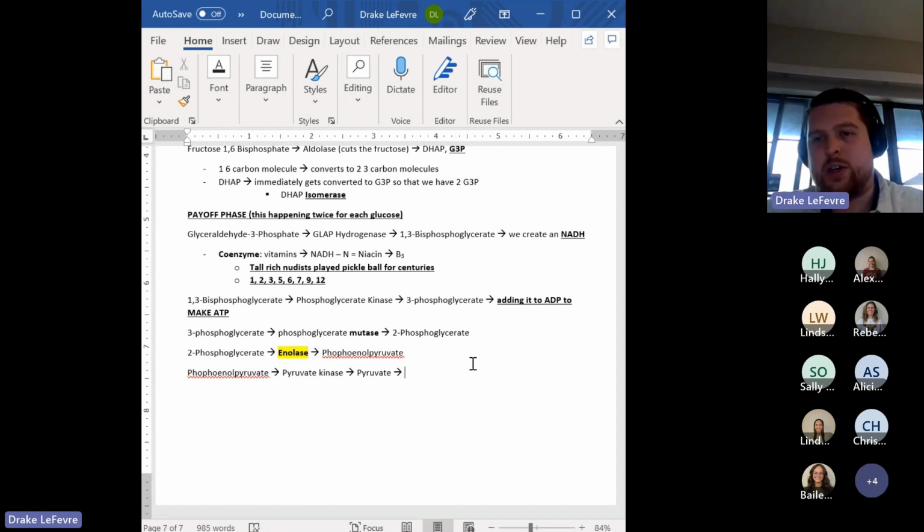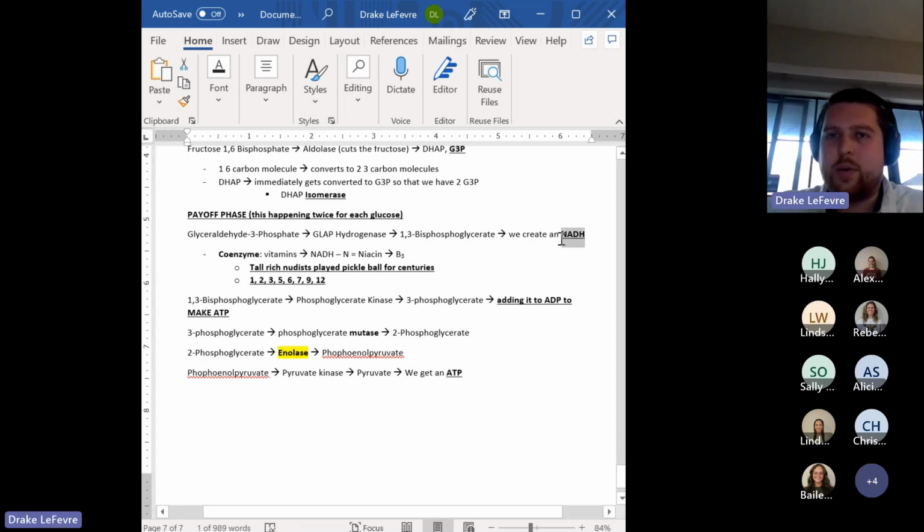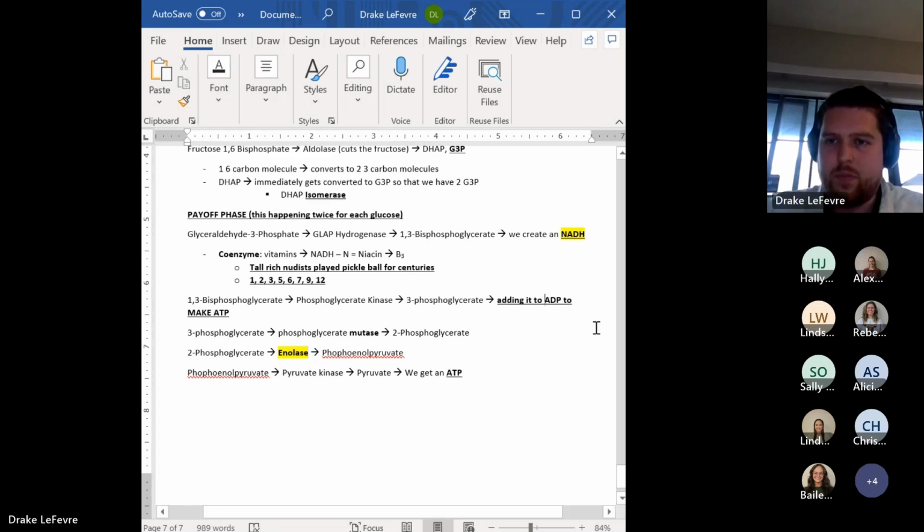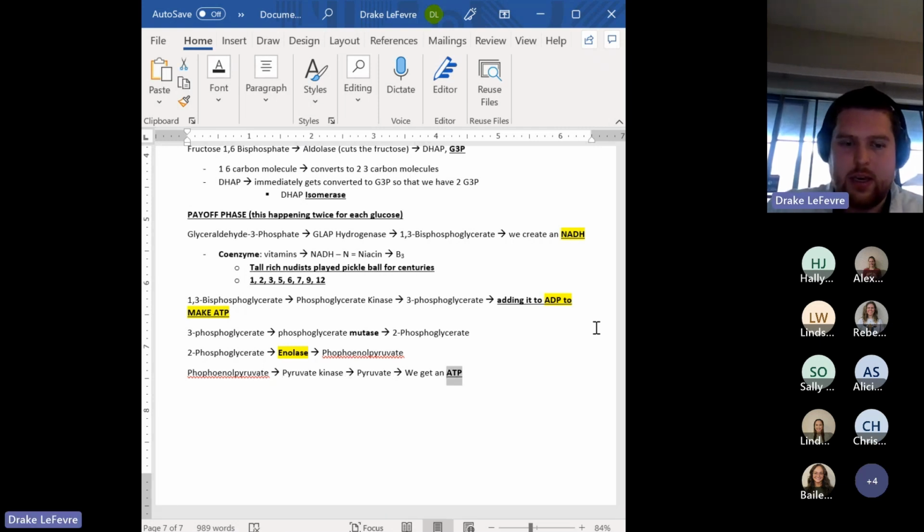And because we took off a phosphate group, what else do we get? An ADP or ATP. Sweet. So the things that we get: an NADH, we get an ATP here, and we get another ATP here.